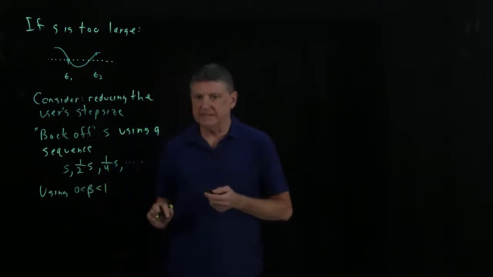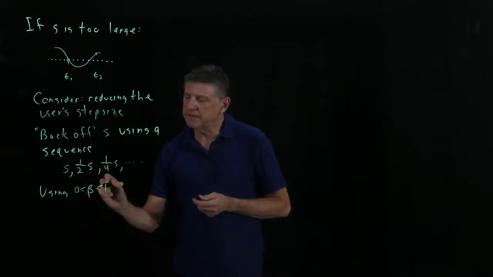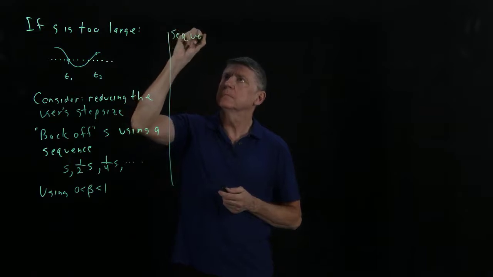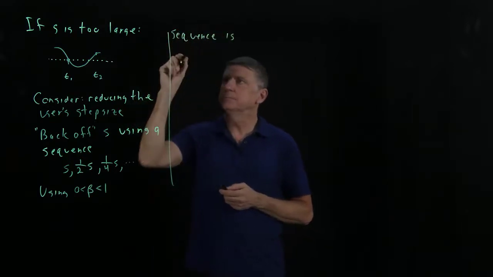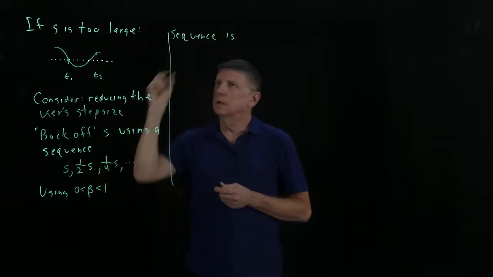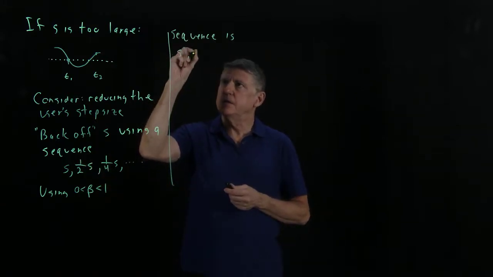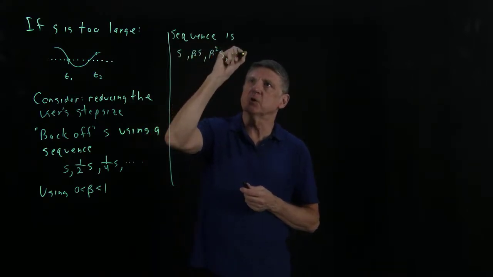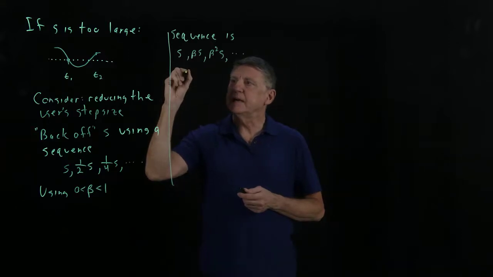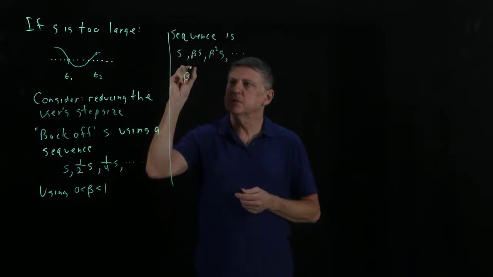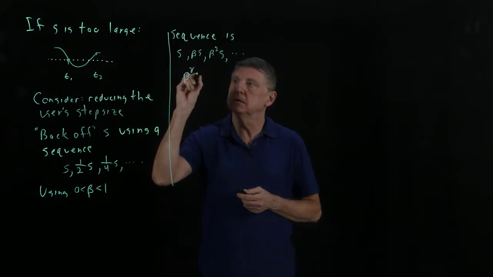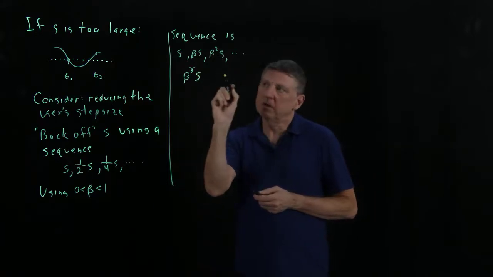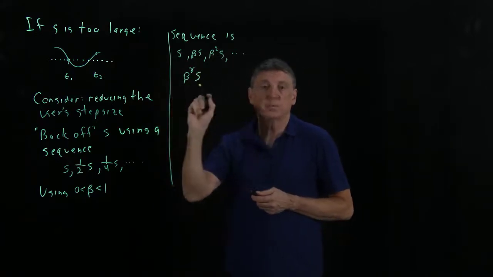What we're doing is creating a sequence: S, and then beta times S, and then beta squared times S, and so on. Or we could write that as beta to some index value gamma times S.